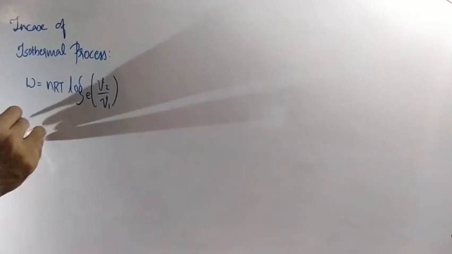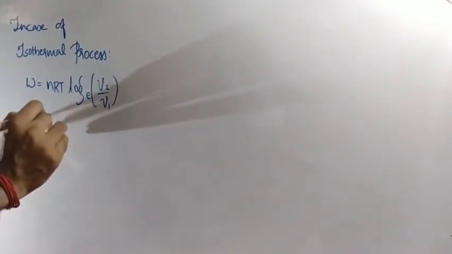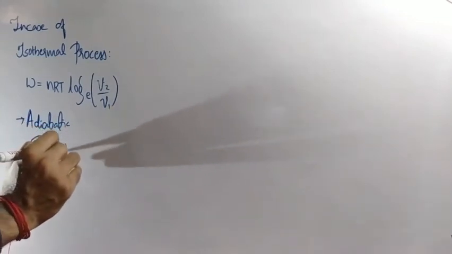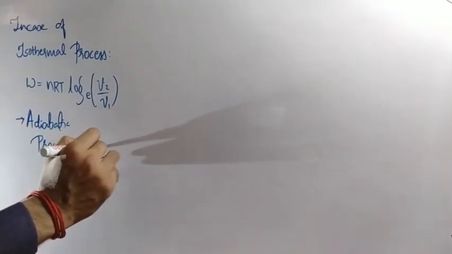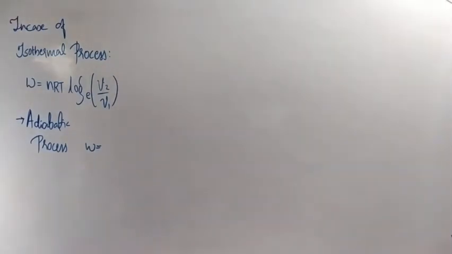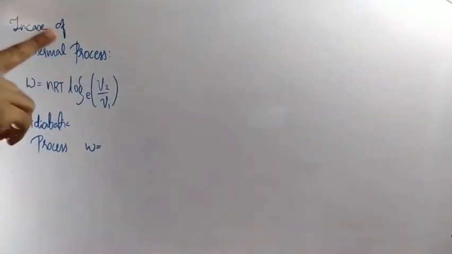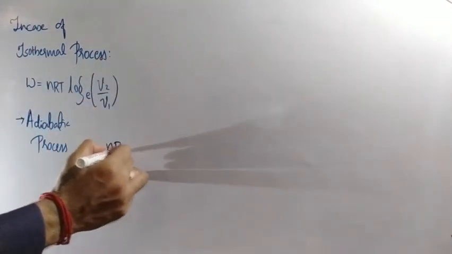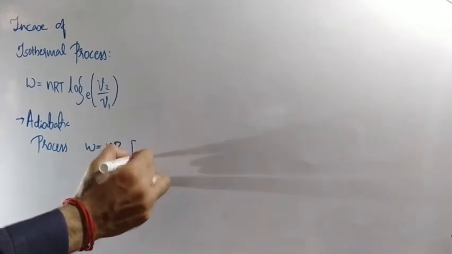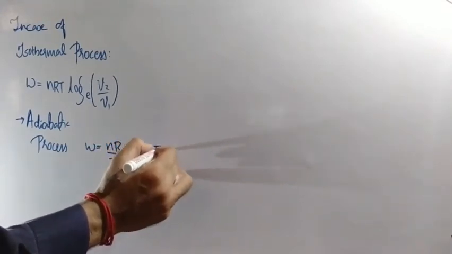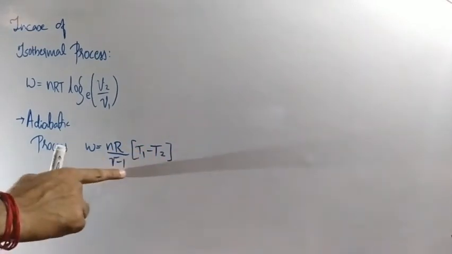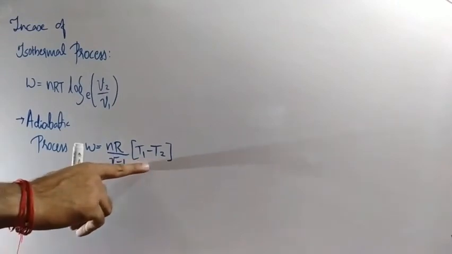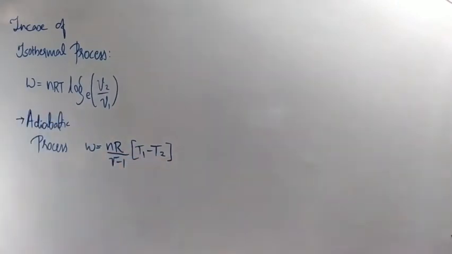So in adiabatic process, work done value will be nR by gamma minus 1 into T1 minus T2. Clear? I told you, nR by gamma minus 1 inside the bracket T1 minus T2.